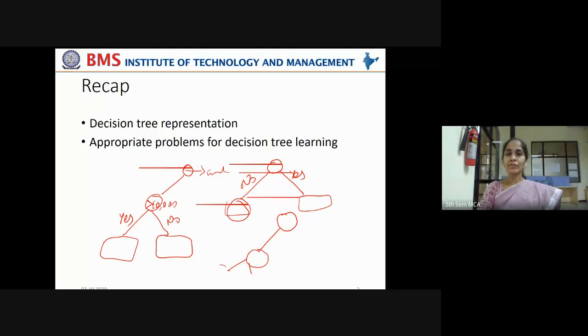In previous chapters, we have learned about the Find-S algorithm and candidate elimination algorithm. Those two algorithms support only conjunctive rules. They don't support disjunctive rules. But that problem is overcome by using this decision tree representation, which even supports disjunctive rules. Right? Now, if you take a root node and go along a path, we can treat it as an AND rule, right?